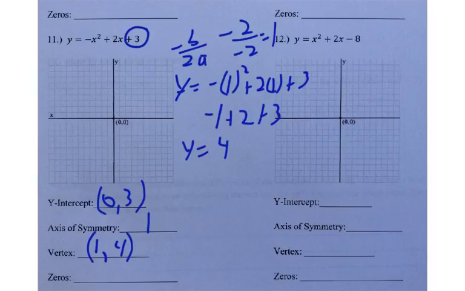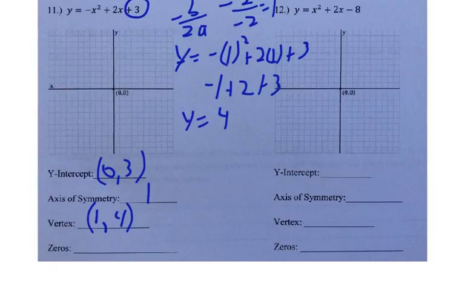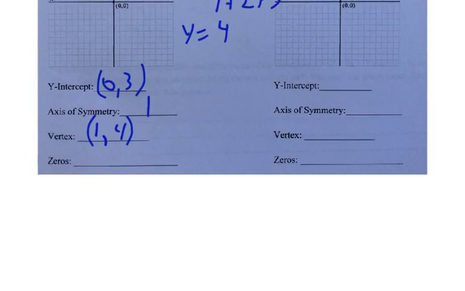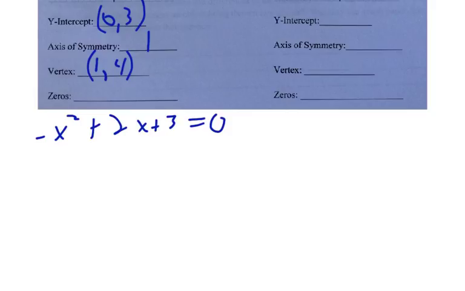And then for my zeros, I use AFM if I can. Let's see if I can for this one. So it was negative x squared plus 2x plus 3 equal to 0. And I'm just going to factor out a negative 1 because I don't like that lead coefficient being negative, and that's going to change all of these signs.